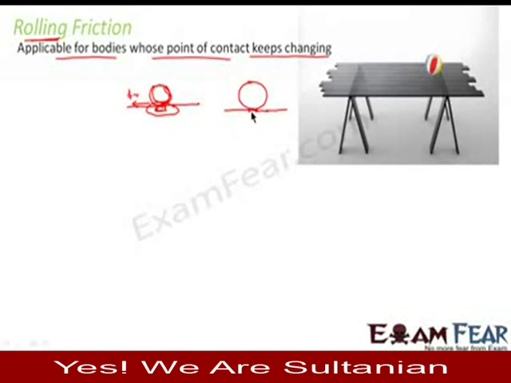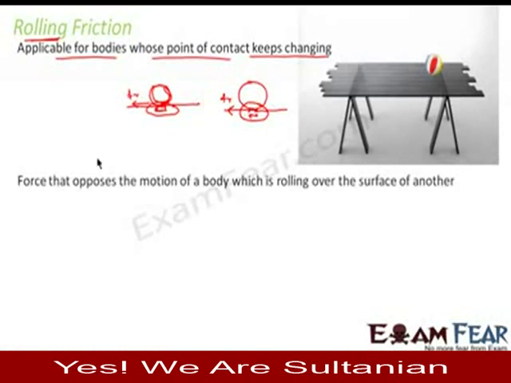As a result, almost you can say a small flat surface comes in contact with the table. As a result of these surfaces coming in contact, there is a contact force parallel to the surfaces in contact which comes into play, and that force is rolling friction. So it is the force that opposes the motion of a body which is rolling over the surface of another.